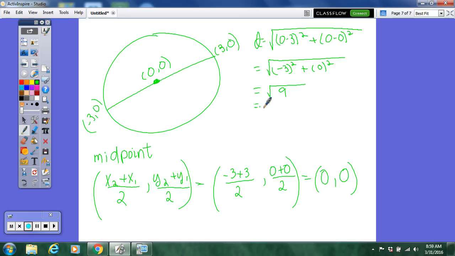Remember, square root of 9 is just 3. So then at the very end, plug it all in. You've got your center right here, so that's just going to be x squared plus y squared equals 9. So there's your final answer.